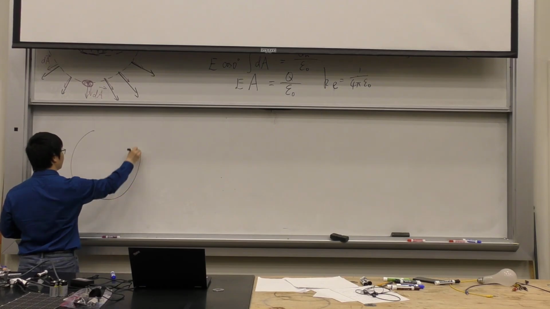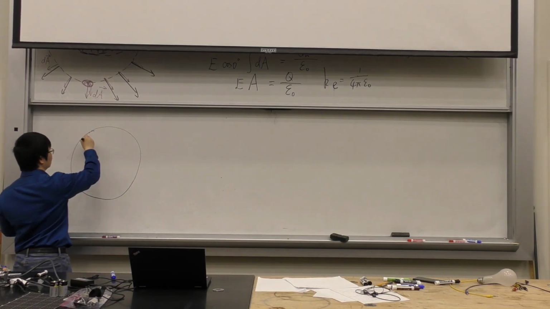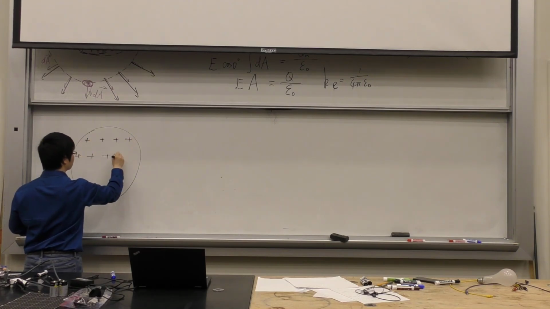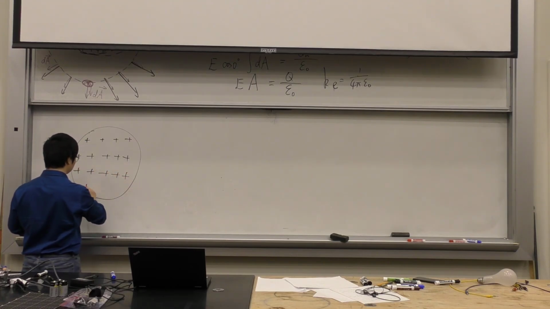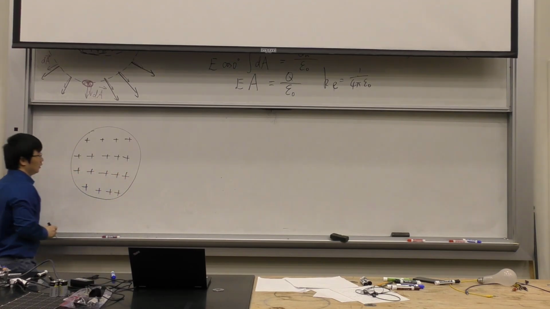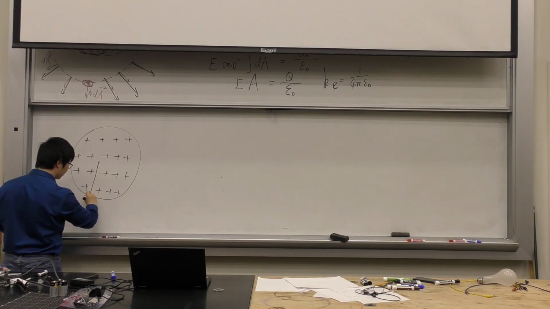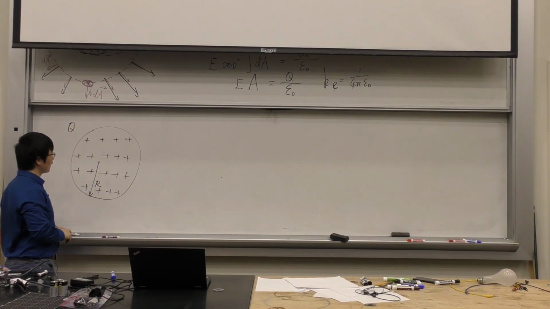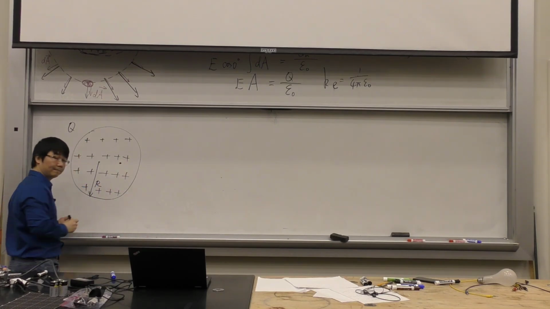I'm going to draw a little bit bigger because I want to find the electric field at the point inside, right? So this guy has a lot of charge on it. It still has the radius big R, okay, it still carries a total charge big Q, okay. Now I want to find the electric field, say, at this point, okay.